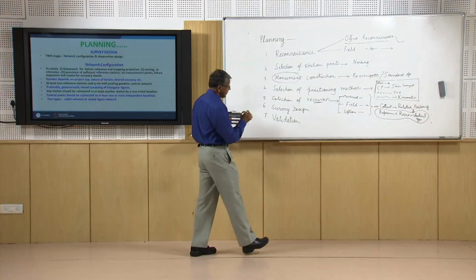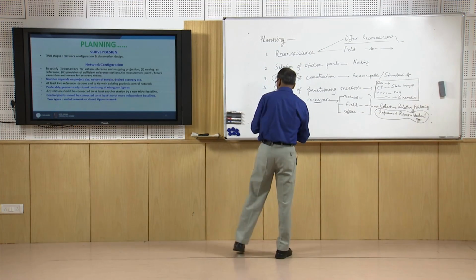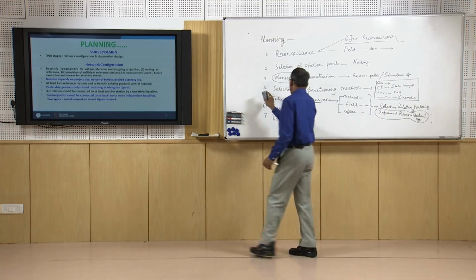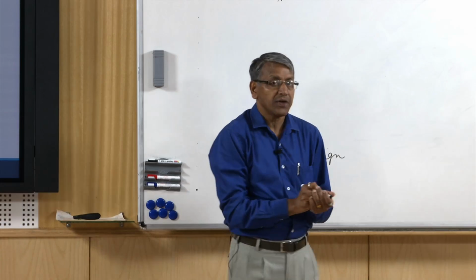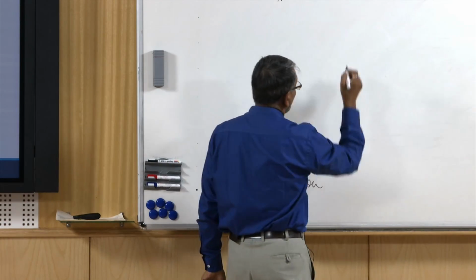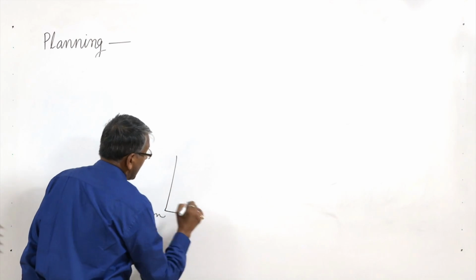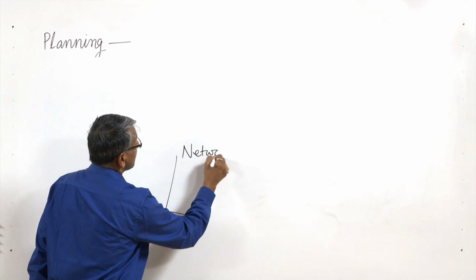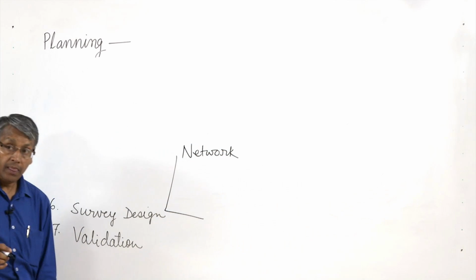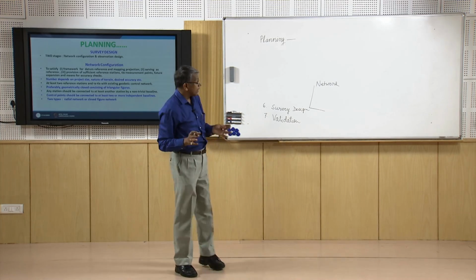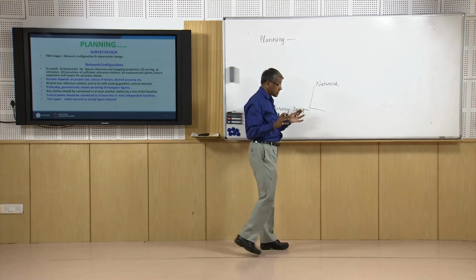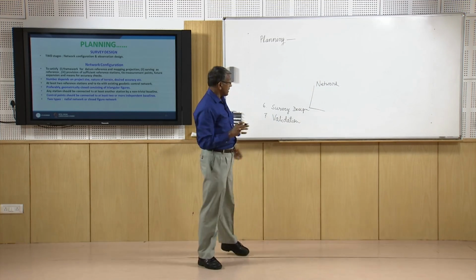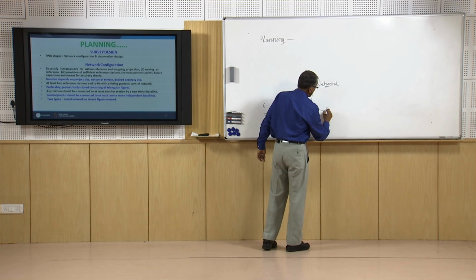Next, survey design. Before we go for actual validation, we also need to design our survey work. In case of GPS surveying, the survey design consists of two parts. One is to develop the network of stations, how the different stations have to be placed in the project area, and that is called network, and the observation design.